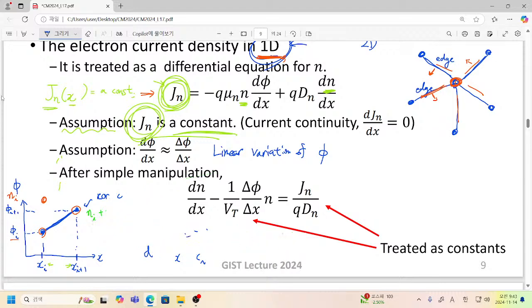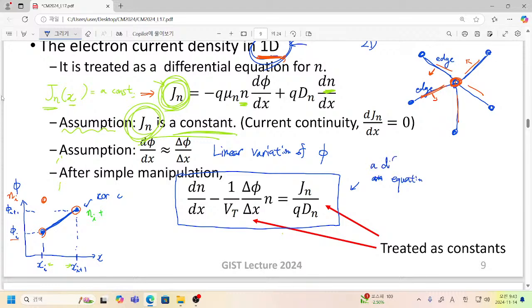The last equation in this slide is the same equation written in a slightly different form, but this form stresses that this is a differential equation for our electron density.